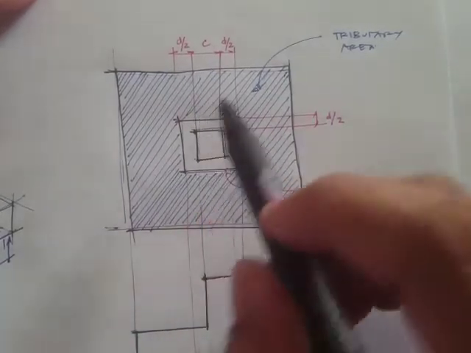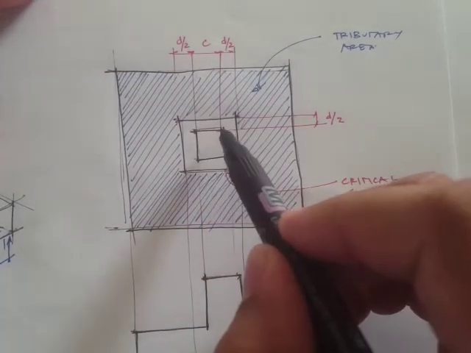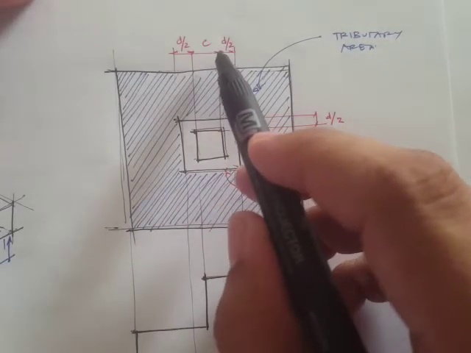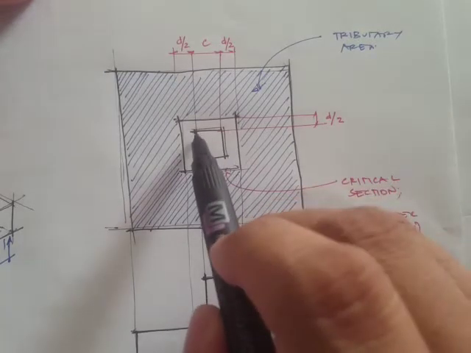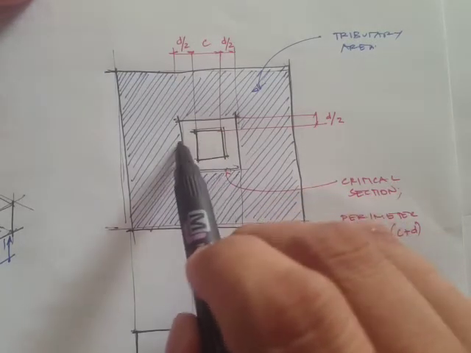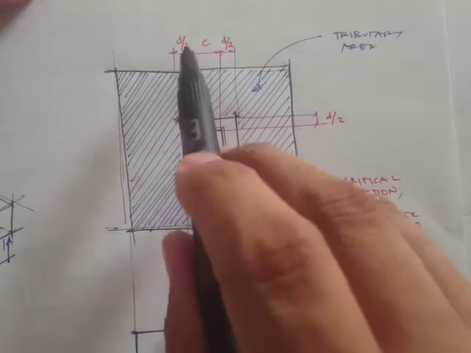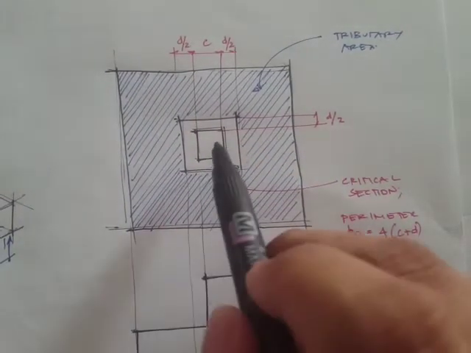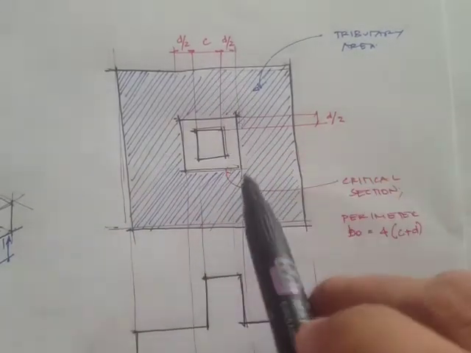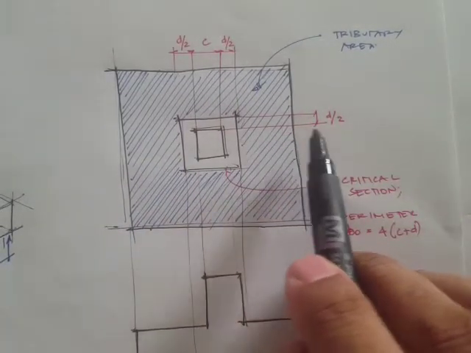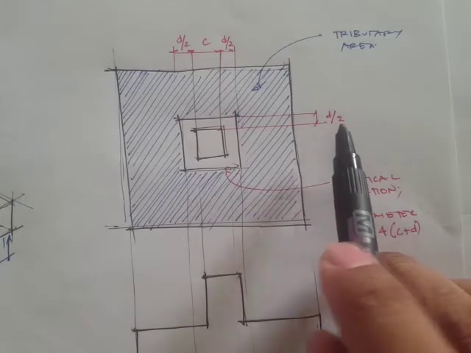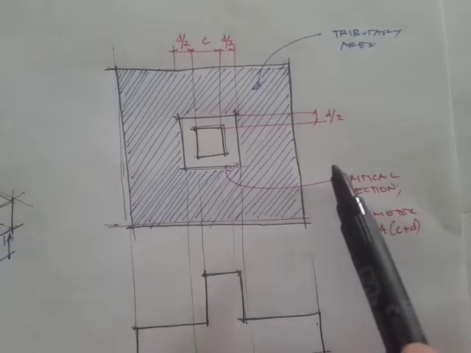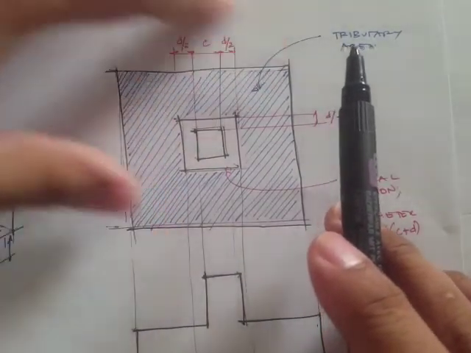If you look at the top view, this is our column, and the column width we designate as C. Then the distance from the face to this critical section is D over 2. On the other side, that's still D over 2, and on the other side here, that's still D over 2. Since we're just dealing with square footings and square columns, it's going to be the same.